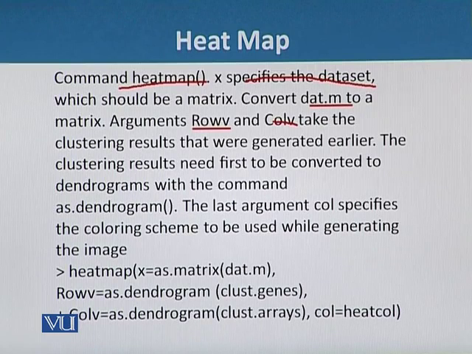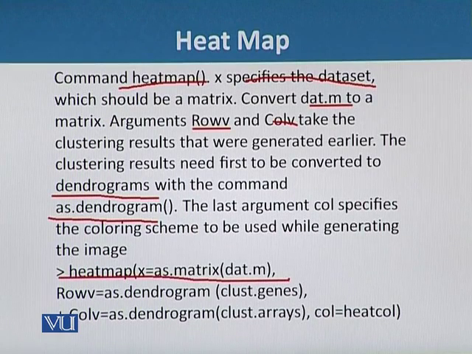The clustering results need first to be converted to dendrograms with the command as.dendrogram. The last argument, col, specifies the coloring scheme to be used while generating the image. By using these commands, we can get the heat map that we will see in the next slide.